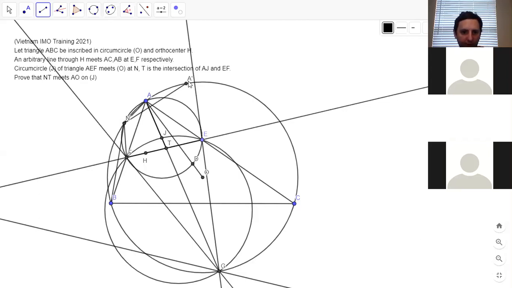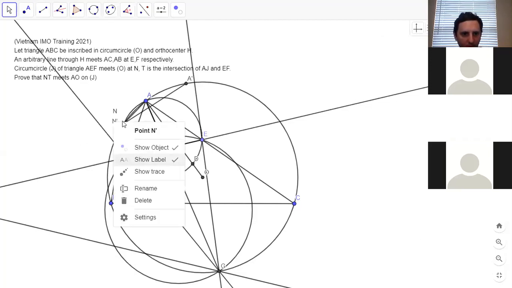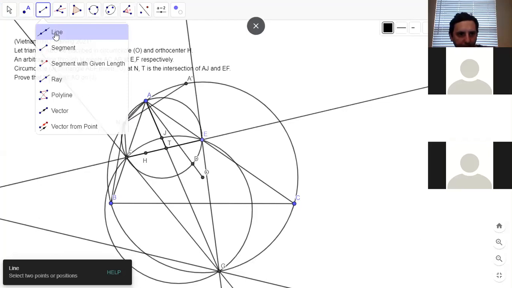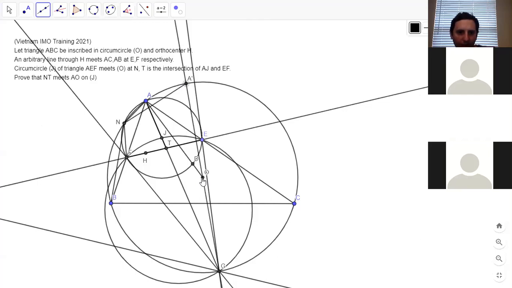And so basically, if we let, let's hide this one. Okay, so AJ would correspond to A prime O. Yeah, so that's the antipode of this point.